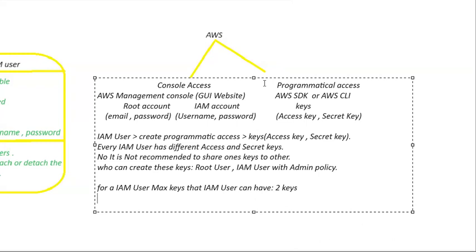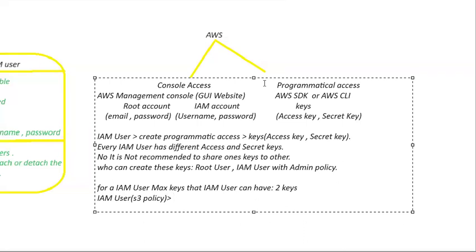In programmatic and console access, does an IAM user have the same permissions or different permissions? Let's say I have an IAM user and for this user I gave S3 access. I attached the S3 policy to him. So he can have only S3 permissions, right?